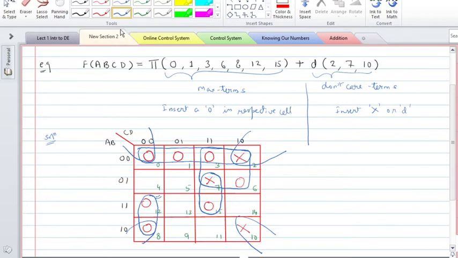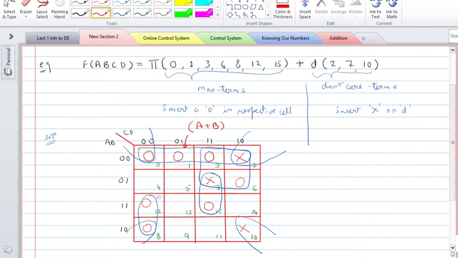Okay, now writing the max term for each of these groups. So here 0 0, that is A plus B, because A is equal to 0, B is equal to 0, that's why A plus B here.